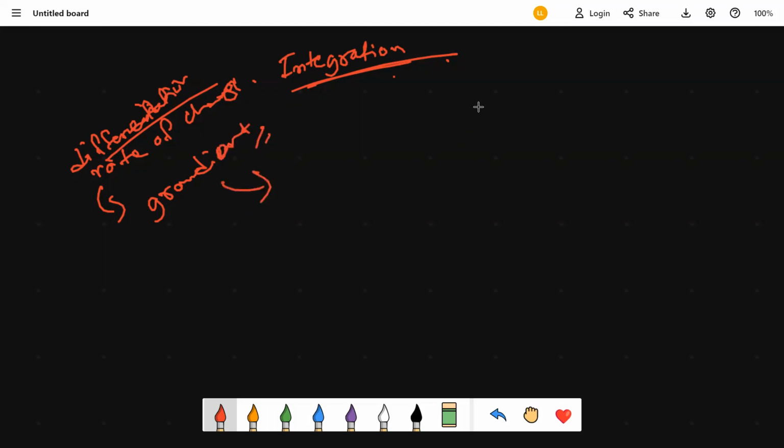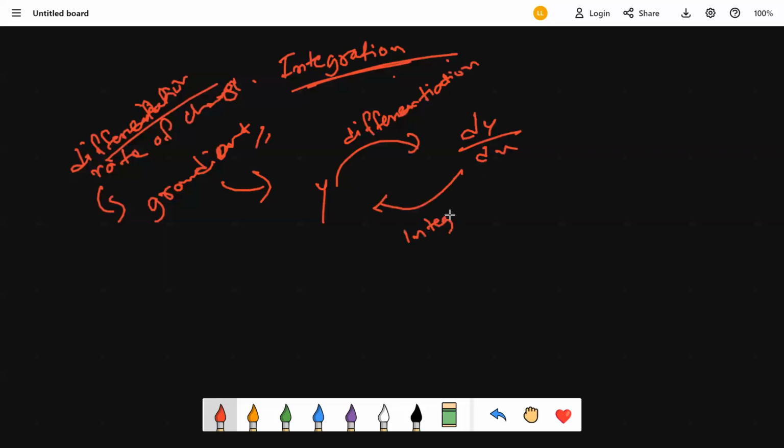That means if we were finding dy by dx from our initial equation of y, then the opposite of that is known as integration.